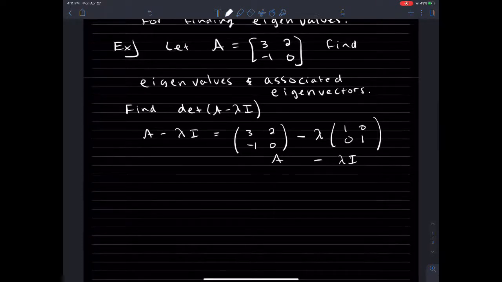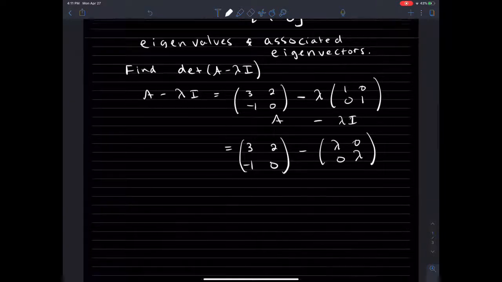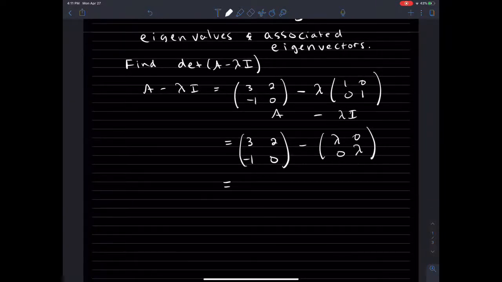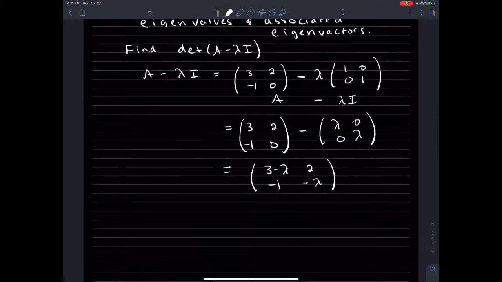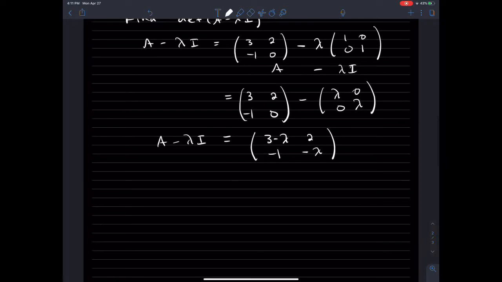So let's do that. And now I could subtract term by term. It's 3 minus lambda. 2 minus 0 is 2. Minus 1 minus 0 is minus 1. And 0 minus lambda is that. Okay, so that's my A minus lambda I. And let's find the determinant of that.